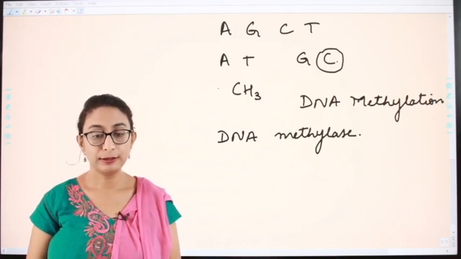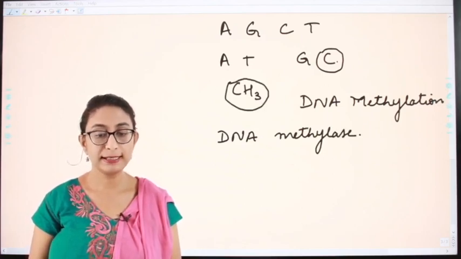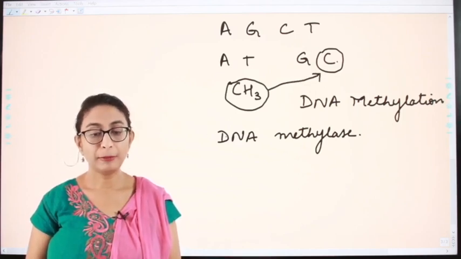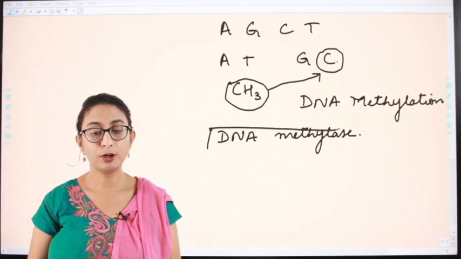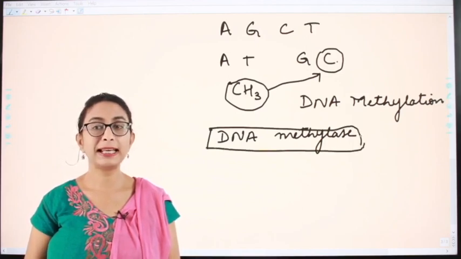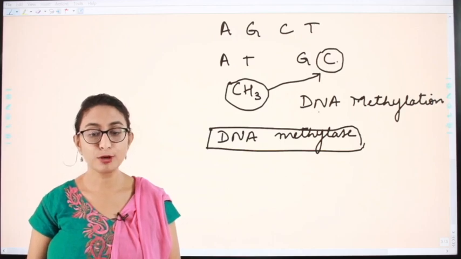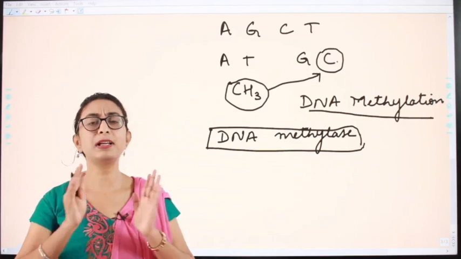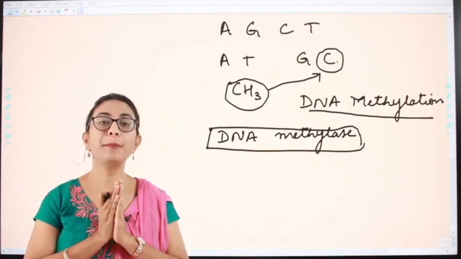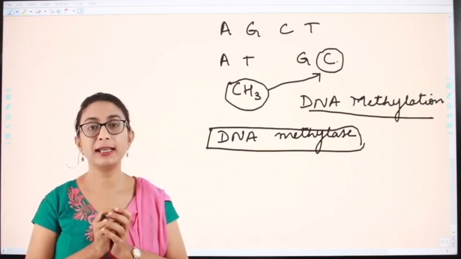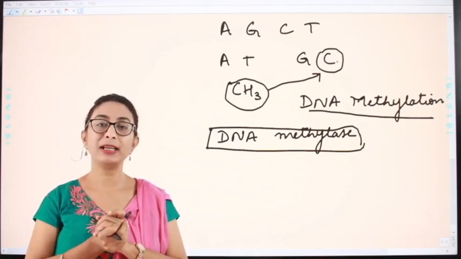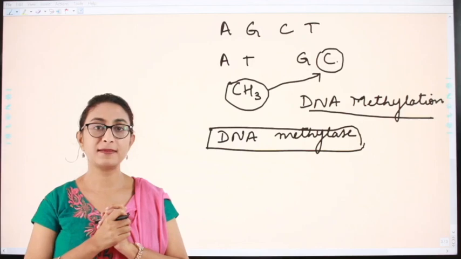So this methyl group is added to cytosine with the aid of this DNA methylase enzyme, and this process is called DNA methylation. In simple terms, the addition of a methyl group to the DNA is called DNA methylation, and it is carried out by the enzyme DNA methylase.